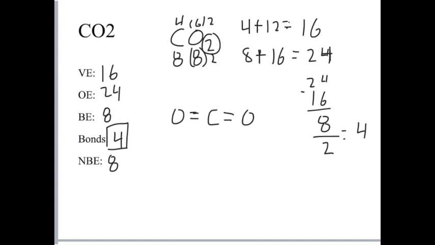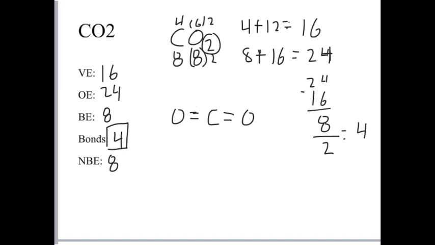The next thing that I need to do, I've drawn an arrangement of my atoms and I've put in the number of bonds that I need. The next thing is I need to use my non-bonding electrons.